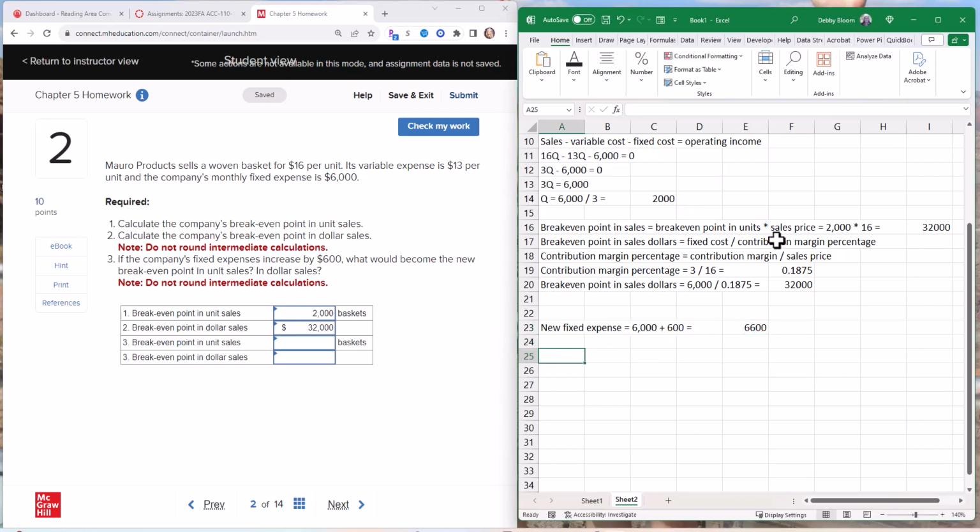So now I'm just going to use the formula method. The new break-even in units is the fixed cost divided by the unit contribution margin.